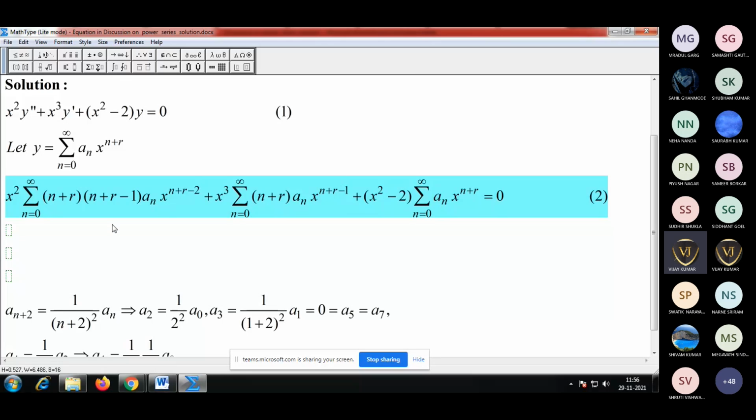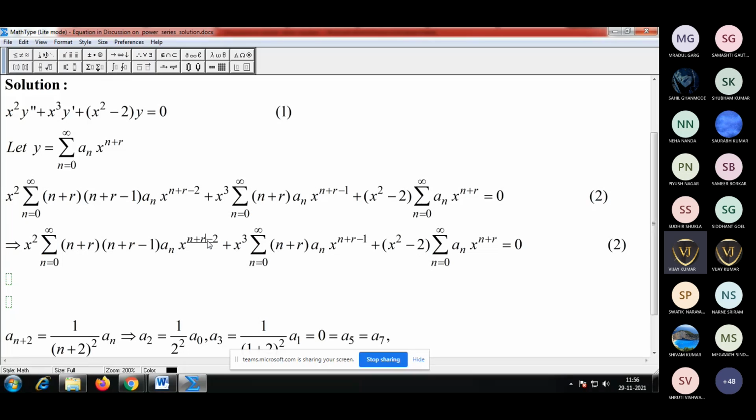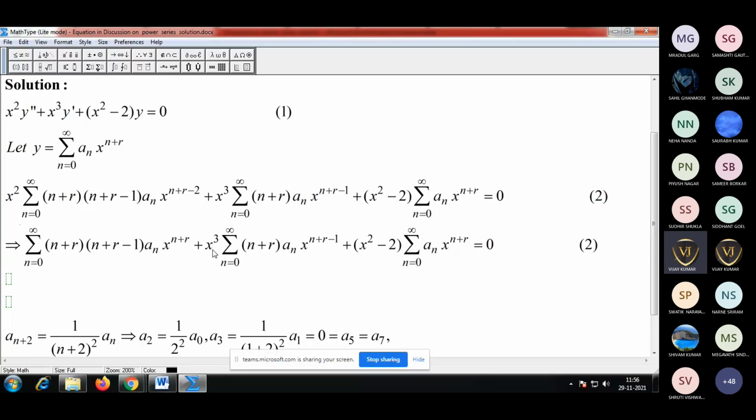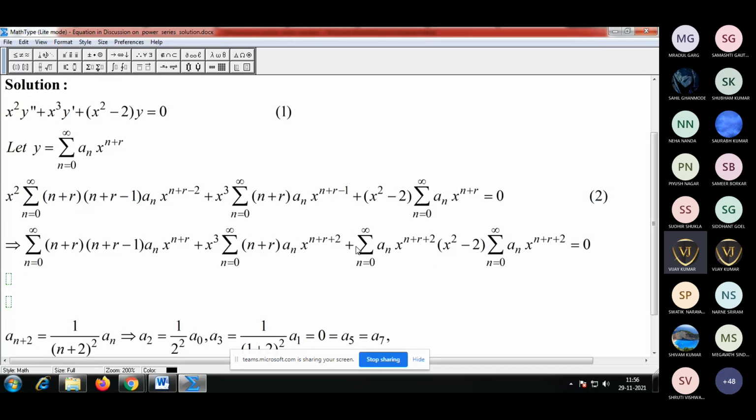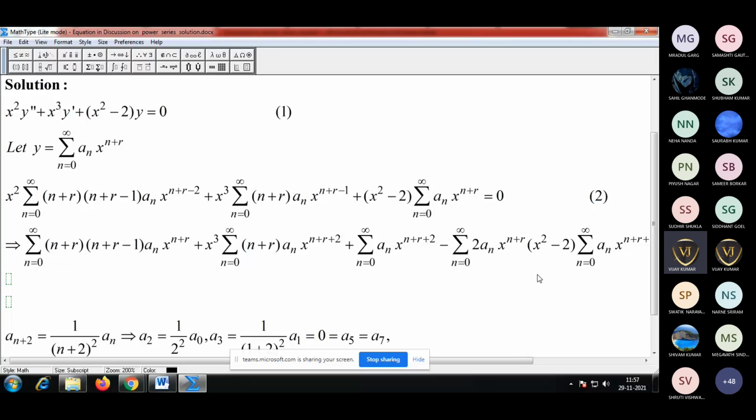This implies x square times y double dash gives n plus r times n plus r minus 1, x power 3 times y dash gives n plus r, x power n plus r plus 2, then minus 2 and plus x y.